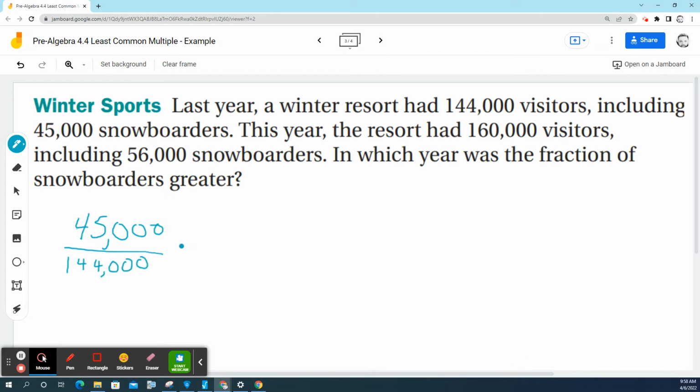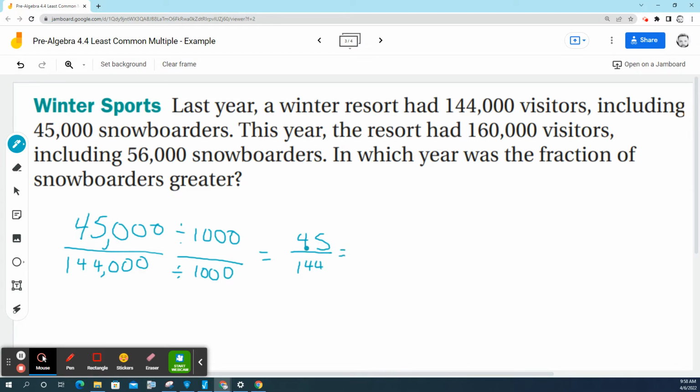So let's reduce this fraction. If I divide the top by 1,000 and I divide the bottom by 1,000, remember whatever I do on the top I have to do to the bottom, I get 45 over 144. So we're going to reduce this fraction.